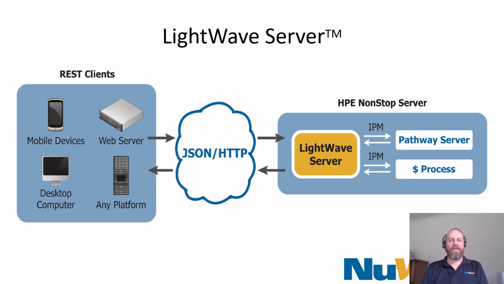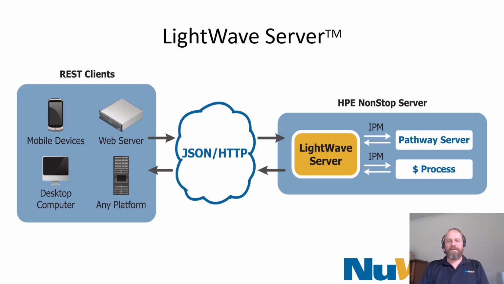On the left-hand side, we have a variety of REST clients. In fact, any type of REST client is supported by LightWave Server. The REST client sends a JSON over HTTP request to LightWave Server, JSON being short for JavaScript Object Notation. LightWave Server terminates that request, handles the HTTP, and translates the JSON request into that IPM that the backend application is expecting to receive.